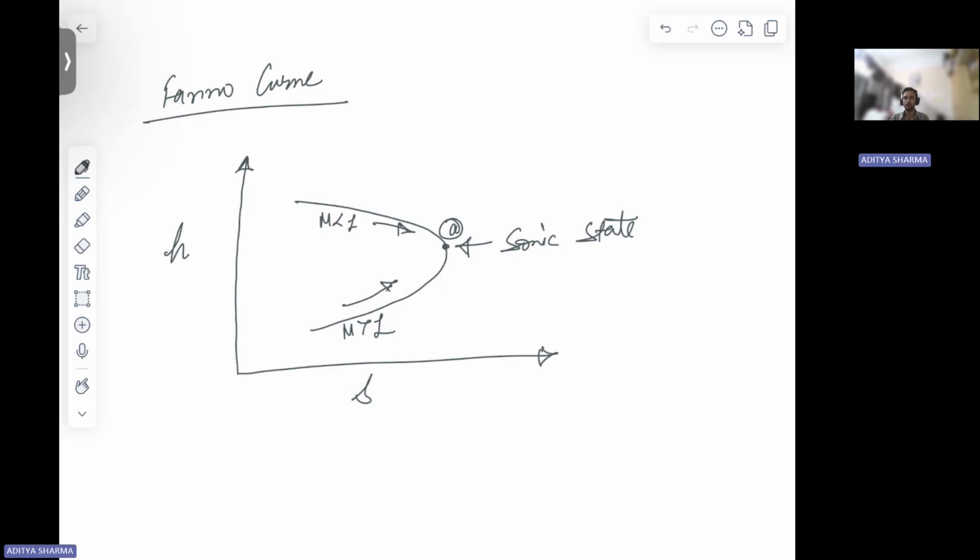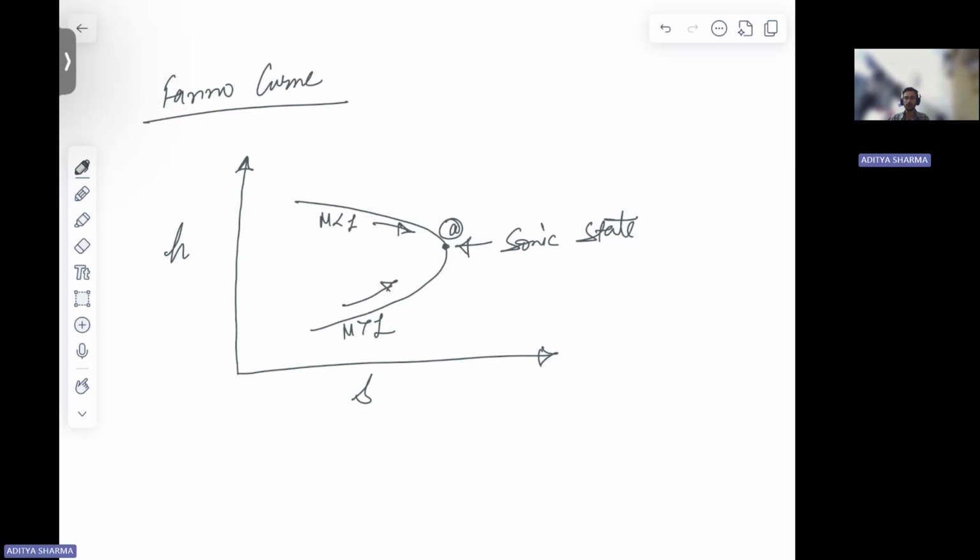So what happens with increase in length of the duct in which the flow is taking place? For your subsonic flow, the upper portion of the curve is for subsonic conditions, and the lower portion of the curve is for your supersonic conditions.